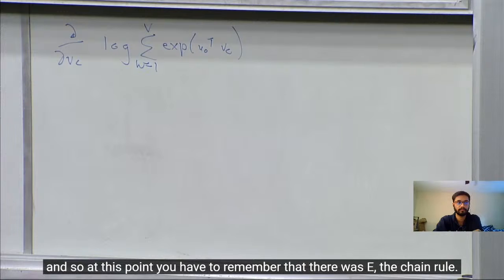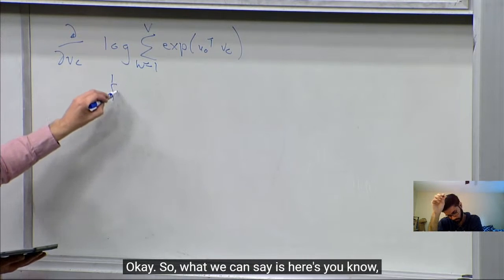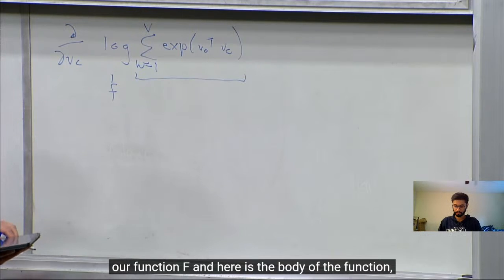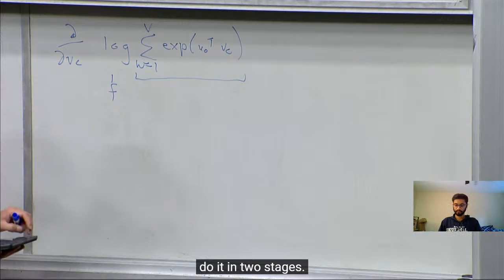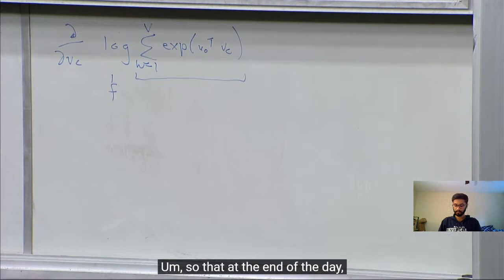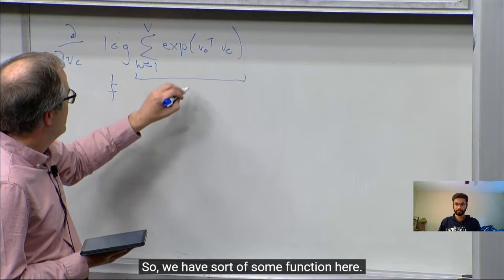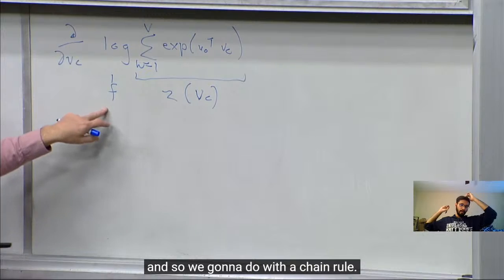And so at this point, you have to remember the chain rule. Here's our function f, and here's the body of the function. What we want to do is do it in two stages, so that at the end of the day we've got this vc. We have some function here that's ultimately a function of vc, and so we're going to do it with the chain rule.